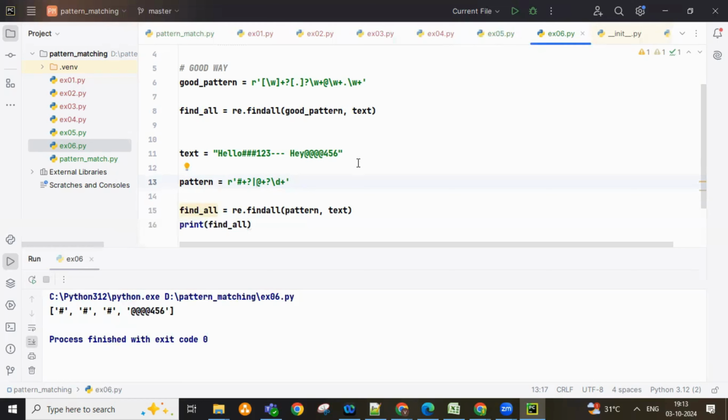Oh, no, no, no. This is one group. This is grouping. Let me try. Yes, I could not recollect. Nice. This time this guy got all the special characters.